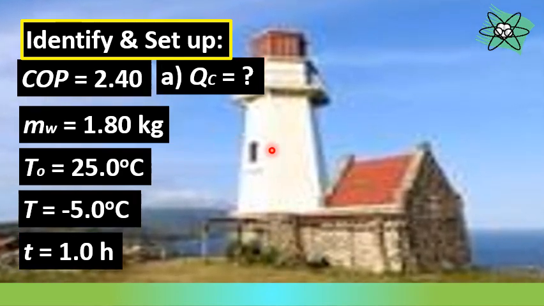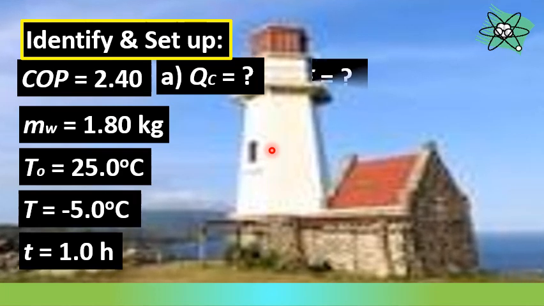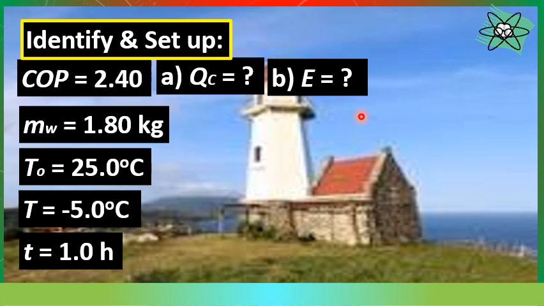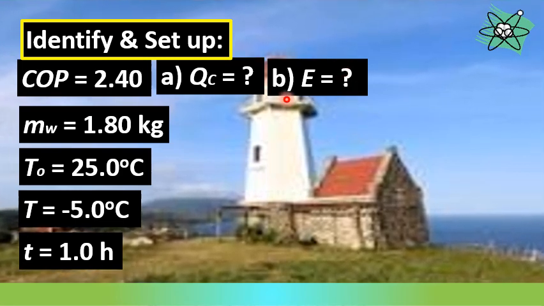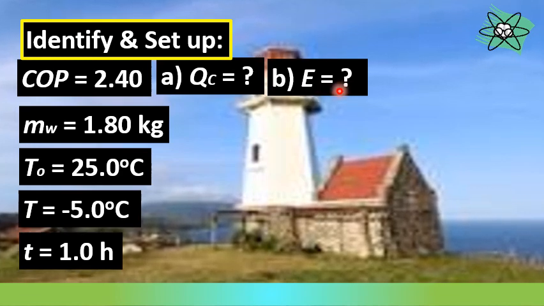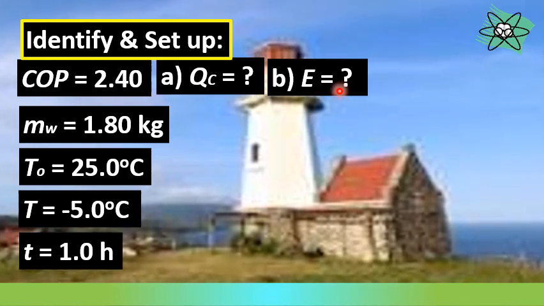The second target variable is the amount of electrical energy, denoted here by capital E, that is consumed by the freezer during the 1 hour period.